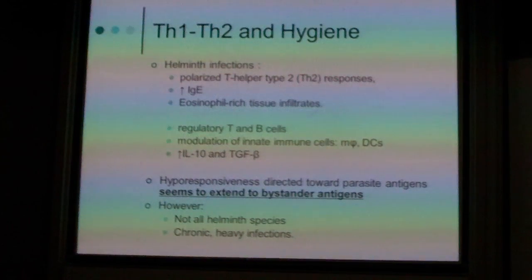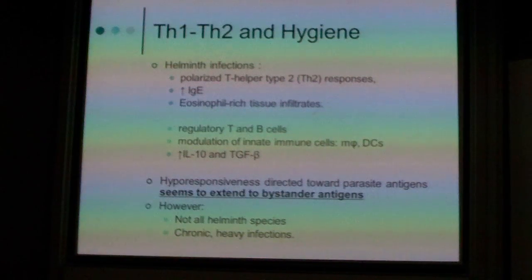Parasites like helminths, helminth infections, polarize Th2 responses, of course, because we want that. There is an increase of IgE, and we also have an eosinophil-rich infiltrate. You can imagine that the increase of IgE against parasites is important for the IgE expression on the mast cells, because every IgE molecule is capable of binding to mast cells.